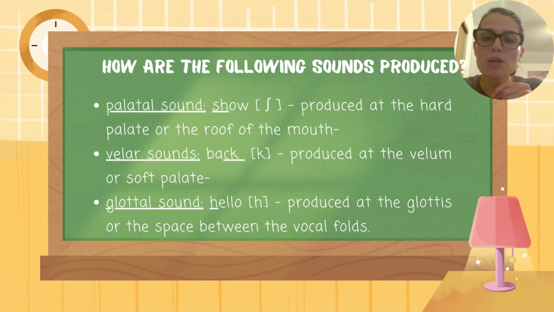And then we have the velar sound, as in the word back, k. That sound is produced at the velum or the soft palate. And then we have the glottal sound, as in the word hello, produced at the glottis or the space between the vocal folds, like right here. As you see, it's even hard for me to pronounce some of the sounds because I'm a native Spanish speaker.